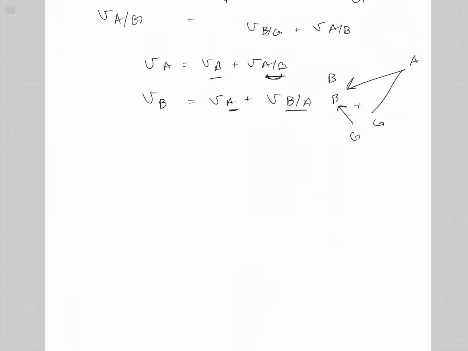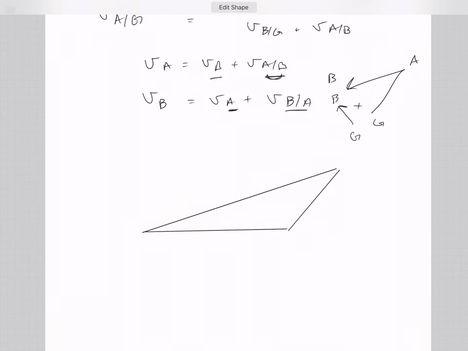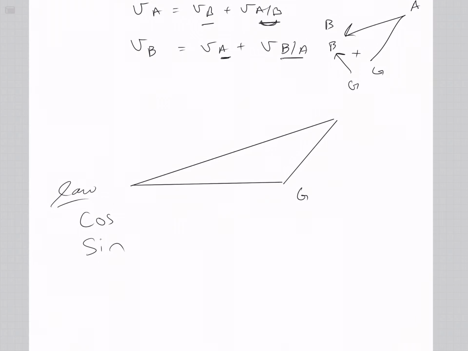Okay, what is another way that we could solve for vectors that are in a triangle similar to this? We did this a lot at the beginning of the semester, solving for vectors. So you should think about what we've looked at before, the law of cosines and the law of sines. It should come as no surprise, seeing how you've worked a lot of problems with them.